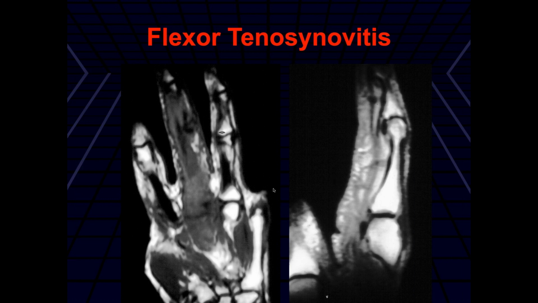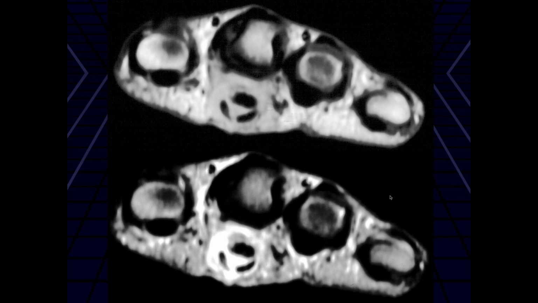I don't remember, but I think this was post-infectious in this particular patient. If it's an active infection, it's extremely painful, and the finger is very, very swollen. So this doesn't look like anything like that. It may be something chronic.